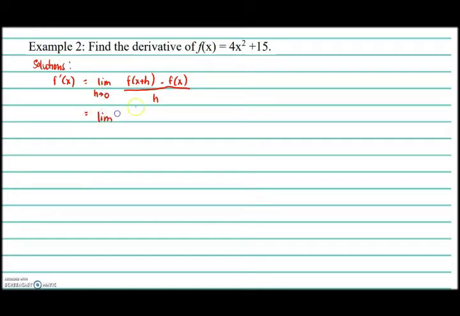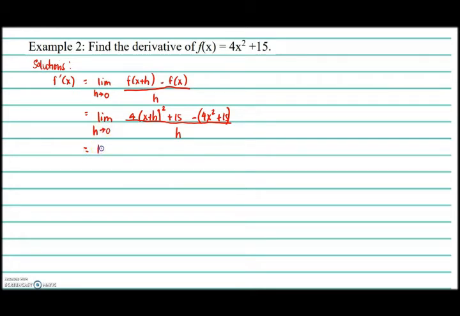So we have here the limit of 4 times (x plus h) squared plus 15 minus (4x squared plus 15), so all over h as h approaches 0.